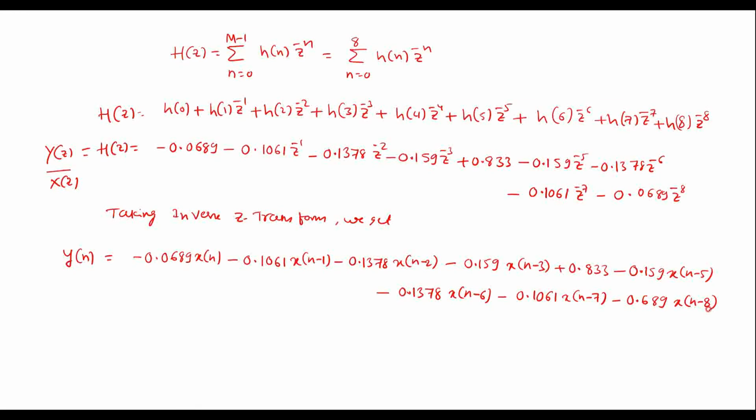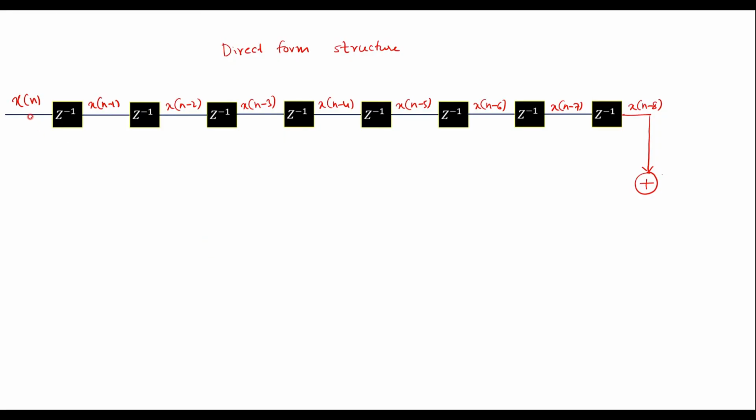The coefficient of x of n minus 8 is minus 0.0689 and coefficient of x of n is minus 0.0689. Both are same. So this is connected to here. This is minus 0.0689. Here also it is minus 0.0689. Similarly, x of n minus 1 and x of n minus 7 values are same.